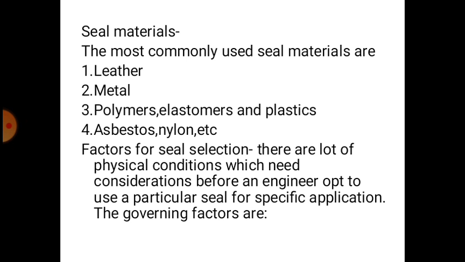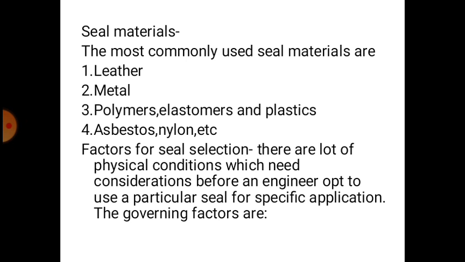So we'll discuss the seal materials. The most commonly used seal materials are leather, metal, polymer, elastomers and plastics, asbestos, cast iron, etc. Factors for seal selection: there are a lot of physical conditions which need consideration before an engineer opts to use a particular seal for a specific application.